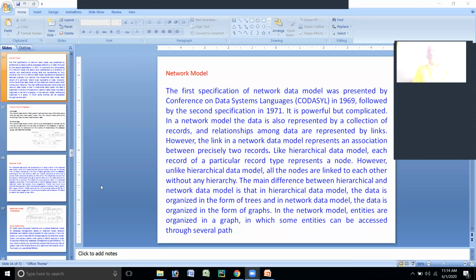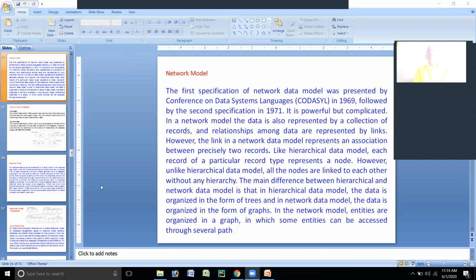Then after this, we'll start with the details. In a network model, the data is also represented by a collection of records. Again, it's a common pattern: data is always represented in the form of records, and the relationships among the data are represented by links. One record is linked to another record by a link, and they have some relationship.